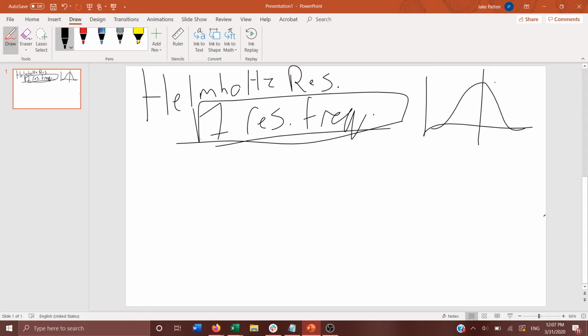Our formula for a Helmholtz resonator is FR equals C over 2 pi multiplied by the square root of A over VL.